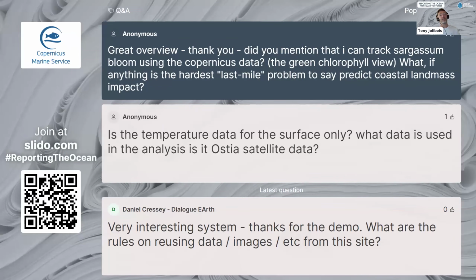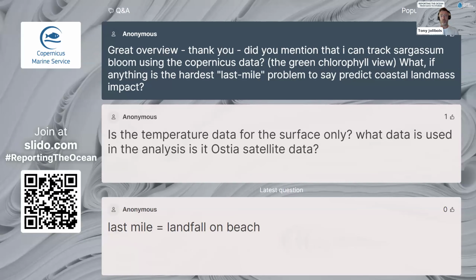How can I answer this? Copernicus Marine is very good on open ocean, and of course, the coastal data are very important. We also integrate in situ platform measurements, which helps reach the coast. But it's quite hard, as you say, to reach the last mile on the coast.